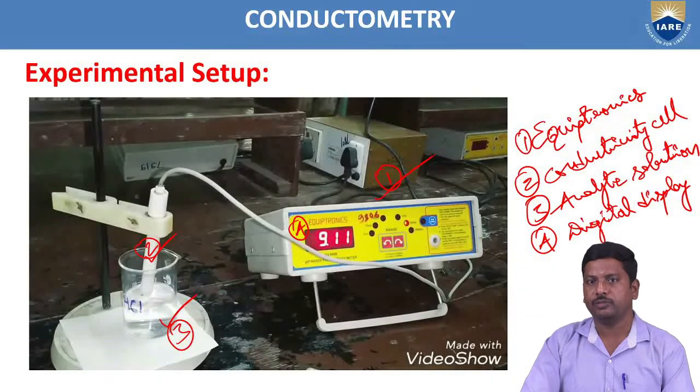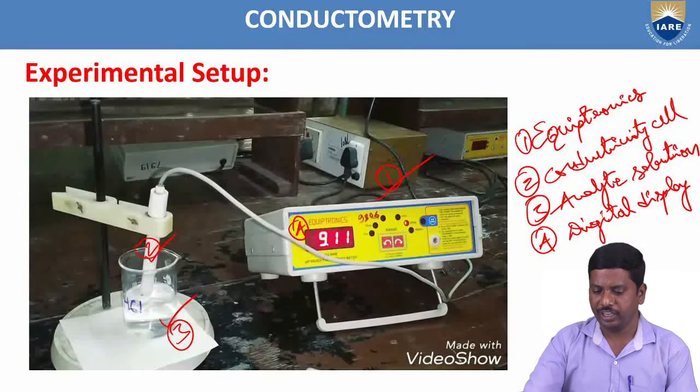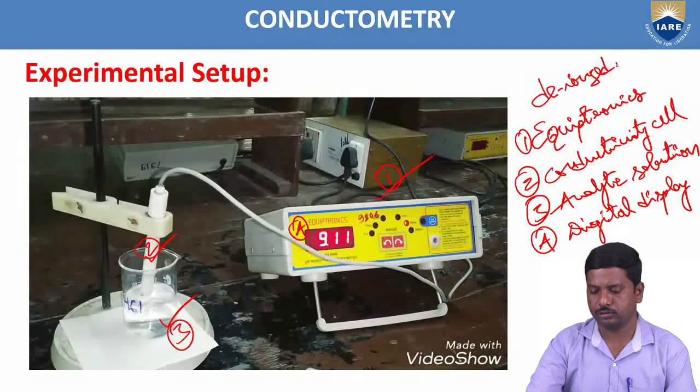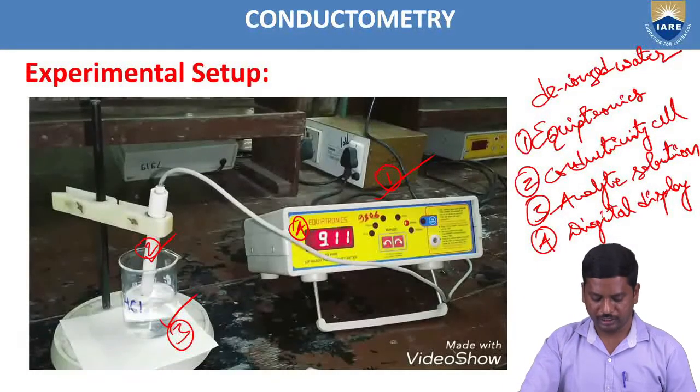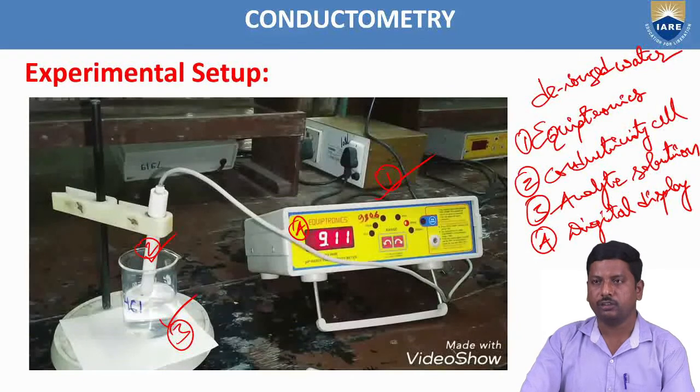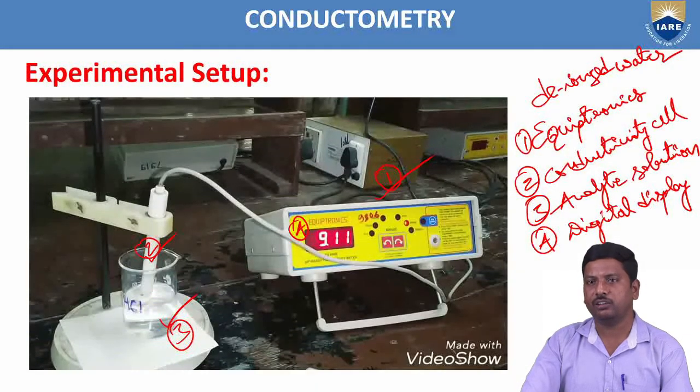Before starting the experiment, first of all, we calibrate this conductivity meter with deionized water. What is the meaning of deionized water? The sample of water should be free from all dissolved salts.